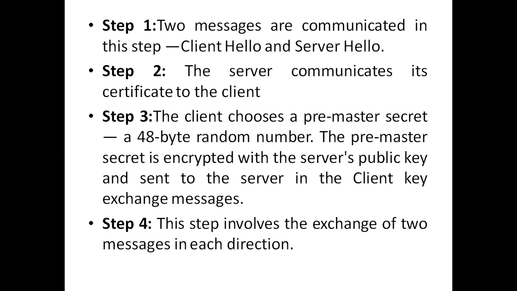The second message in this step is the finished message from client to server. This message includes a keyed hash on the concatenation of all the handshake messages sent in the preceding steps and a predefined constant. The keyed hash serves as an integrity check on the previous handshake messages.